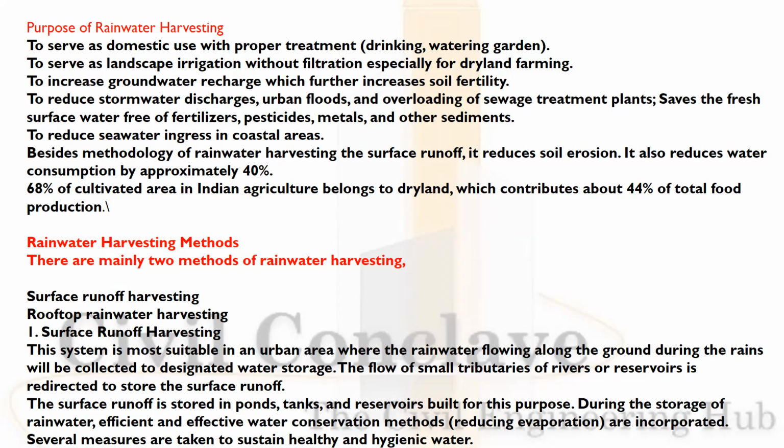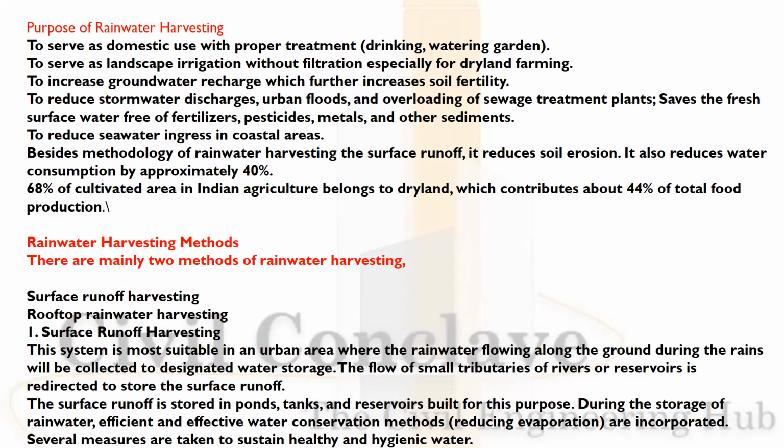What are the purposes of rainwater harvesting? To serve domestic use of drinking, watering, garden. To landscape irrigation without filtration, especially in dryland farming. To increase groundwater recharge, which further increases soil fertility.